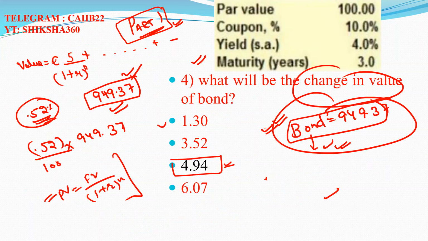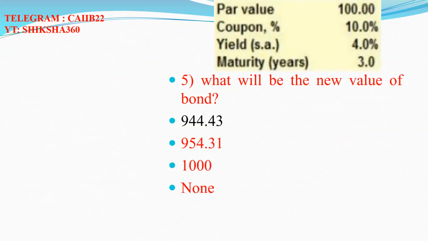Now the next one: what will be the new value of the bond? As you know, the actual value of the bond is 949.37. The change, which we already calculated in the previous question number 4, is 4.94.